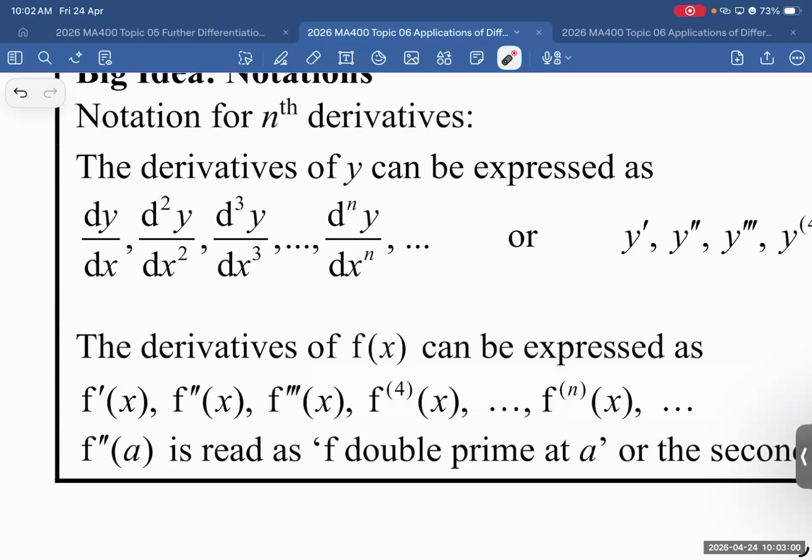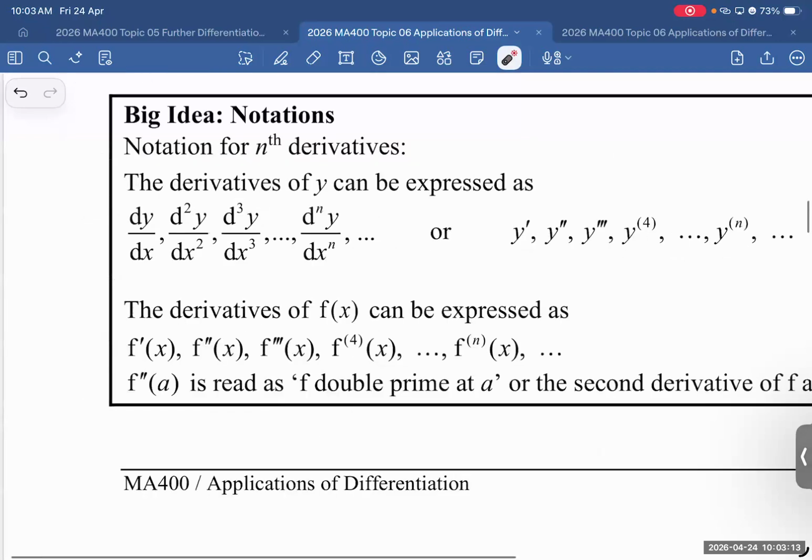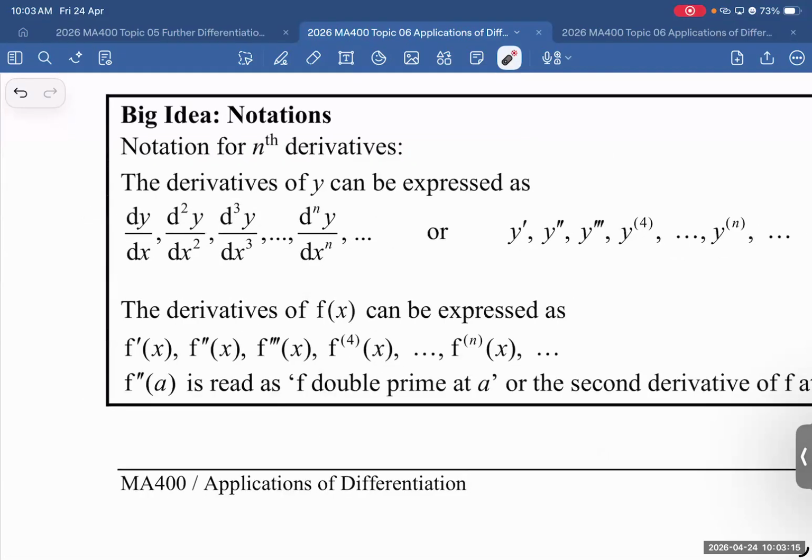Don't confuse it with power. For the nth derivative, you can read it as f double prime a. What does the stroke stand for? It stands for prime.